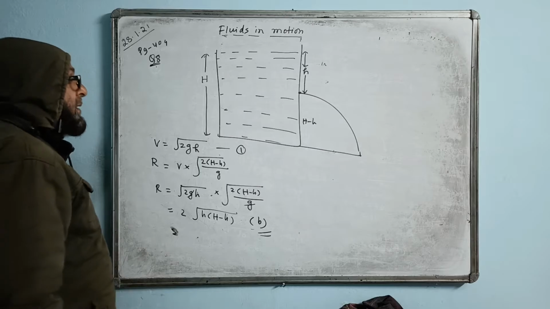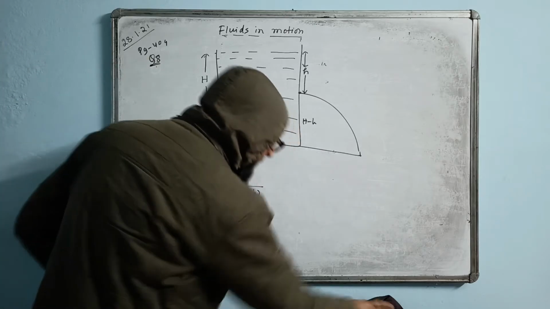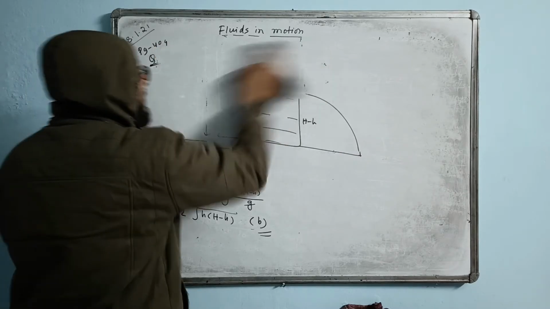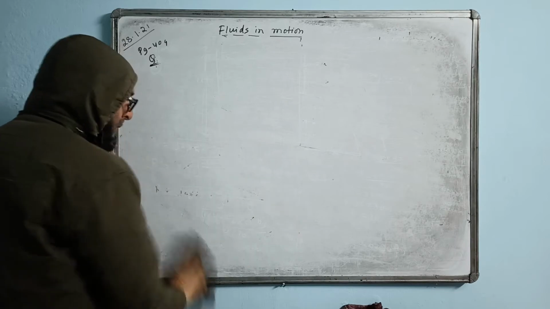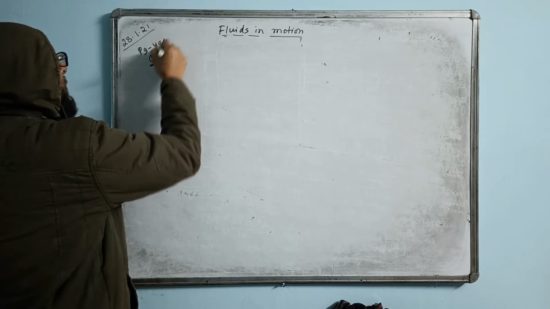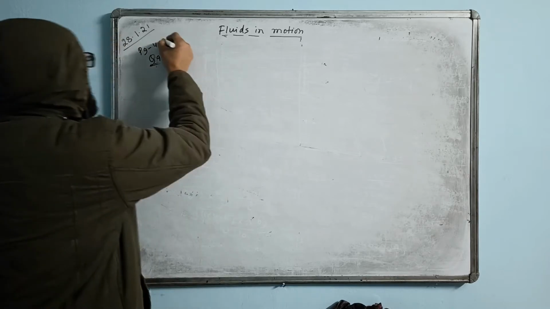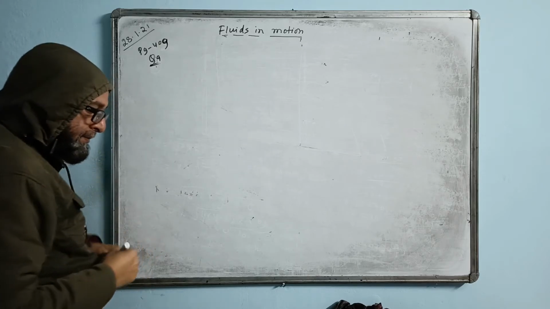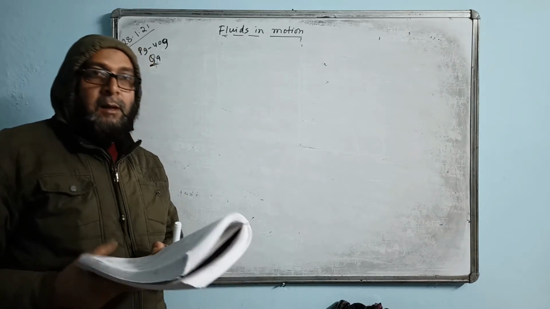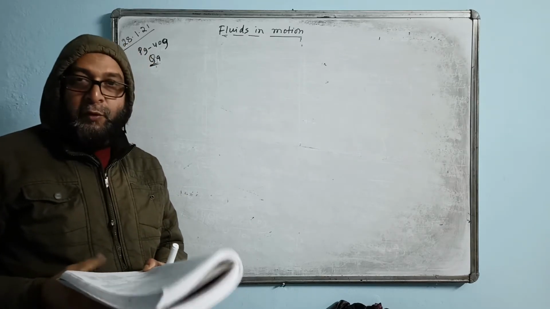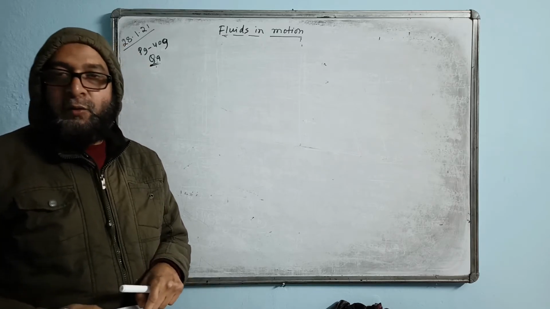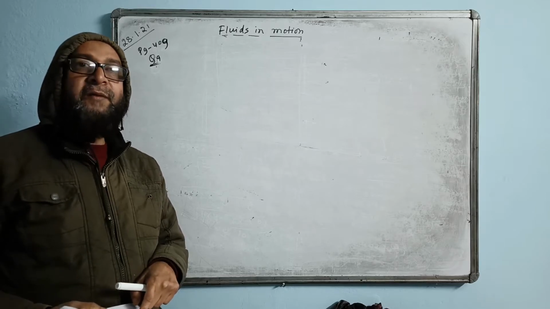Okay. This is one question, and another question is question number 9 of the same page. This is also an important type of question. Question number 9, page number 409. So I read the question. The question says a water tank resting on the floor has two orifices.